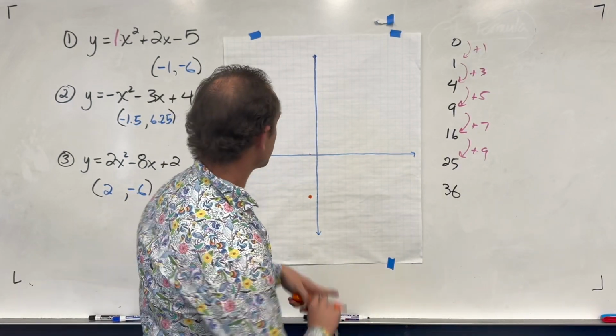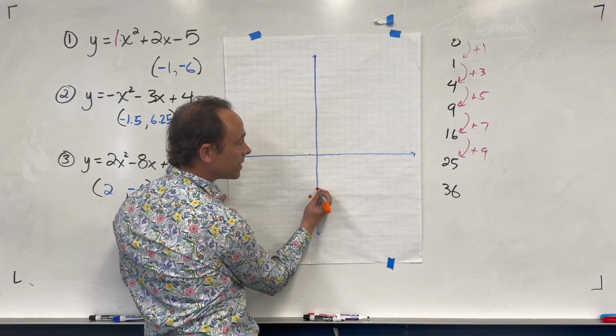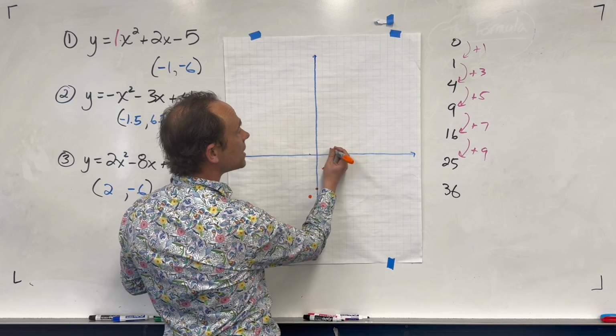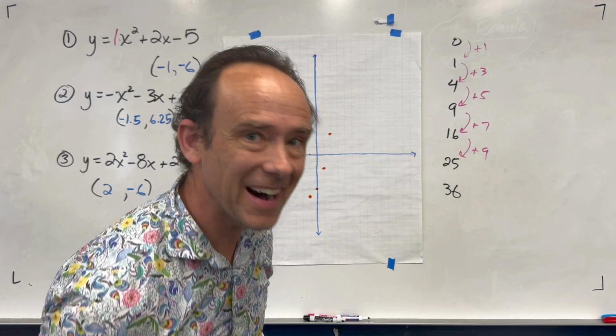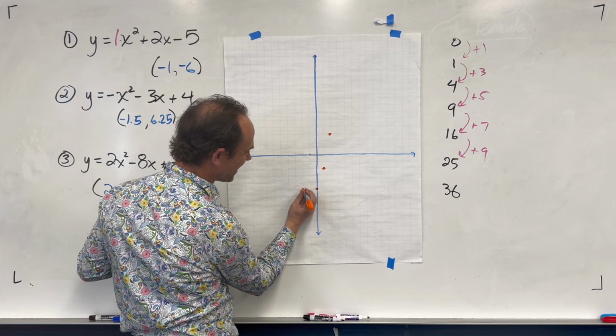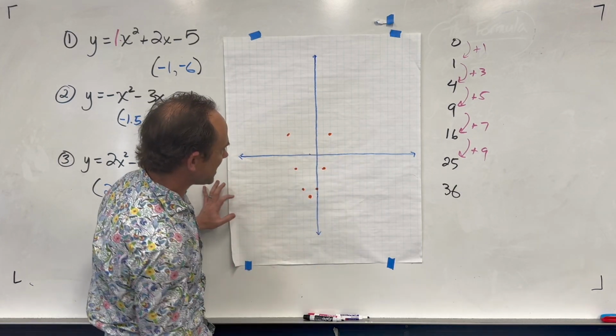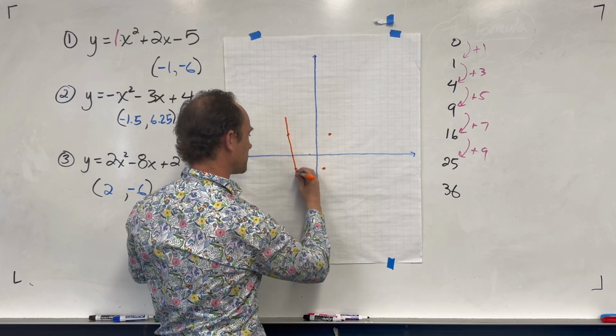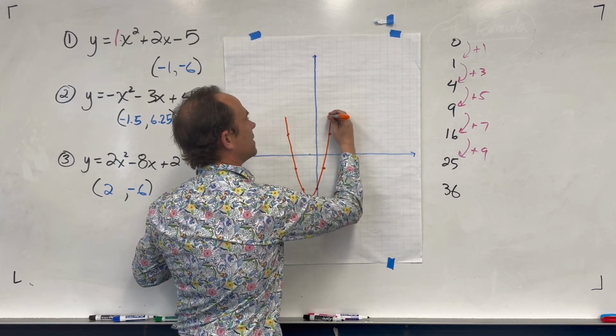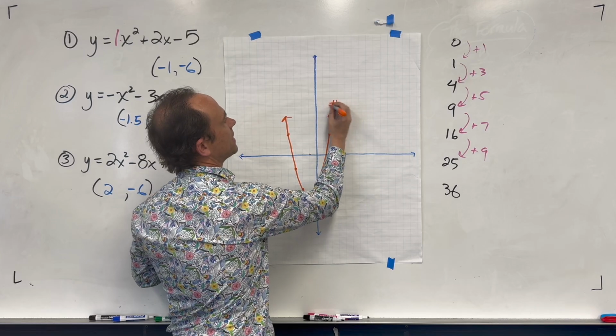So let's do it. Go over 1, up 1, over 1, up 3, over 1, up 5. All right, there we go. That's number 1.